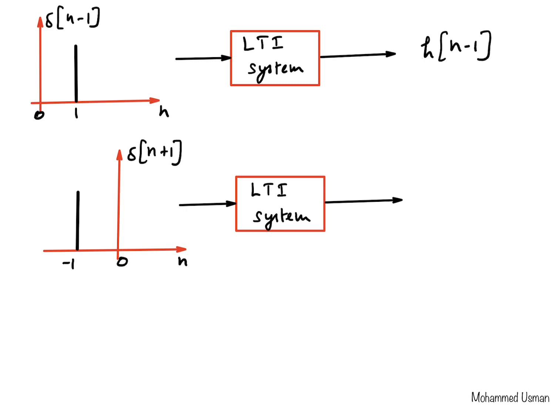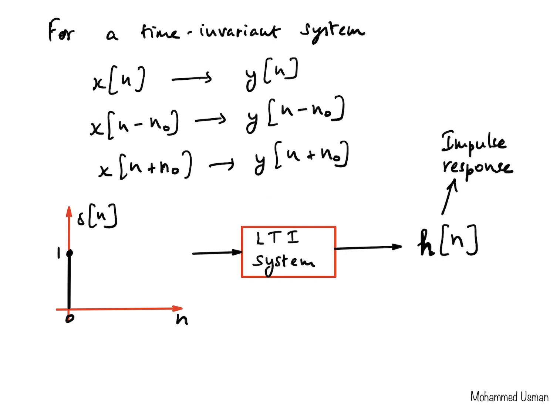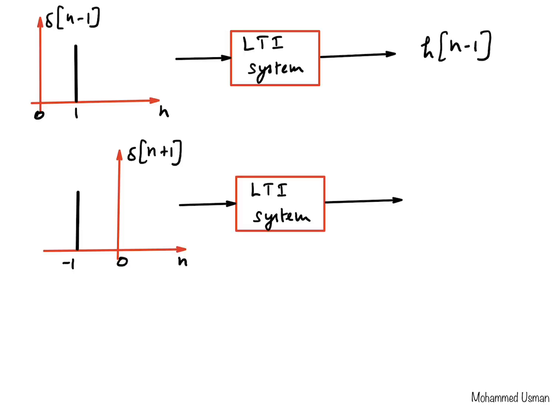So basically what it means is that if we know the output for this unit impulse, then we know the output for shifted versions of it as well. We don't need to check what the output is. If we know this h of n, all we need to do is shift it accordingly, depending on how much the input has been shifted. So if it is delta of n minus 1, then the corresponding output is also shifted by the same amount to the right.